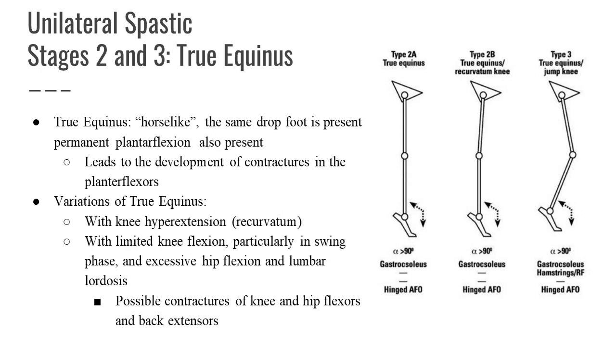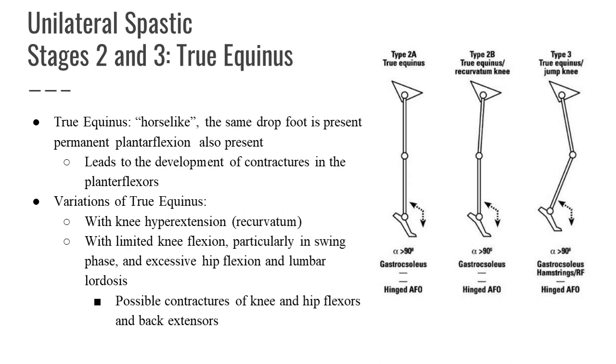Some variations of true equinus are known as true equinus with recurvatum in the knee, which just means knee hyperextension, and then true equinus with jump knee. Jump knee is a little bit more involved as it has limited knee flexion in the swing phase and excessive hip flexion and lumbar lordosis to compensate for that.